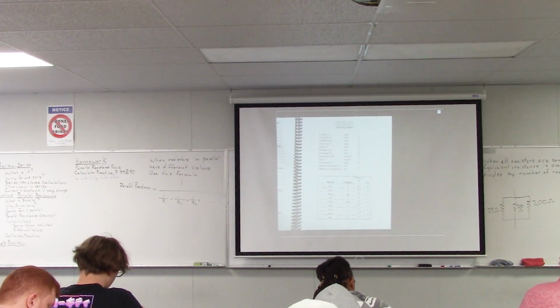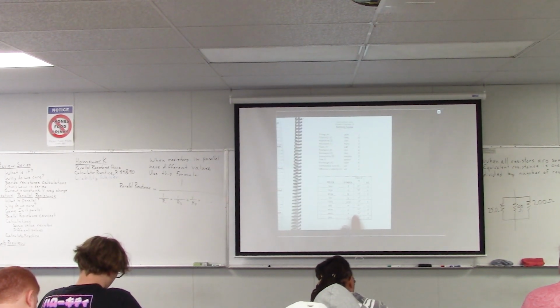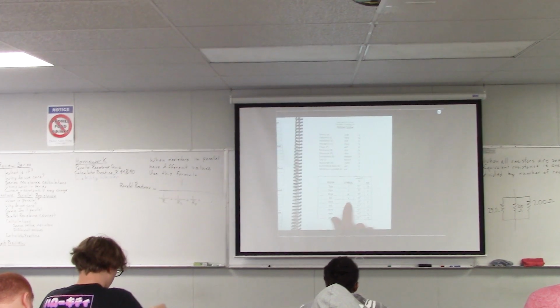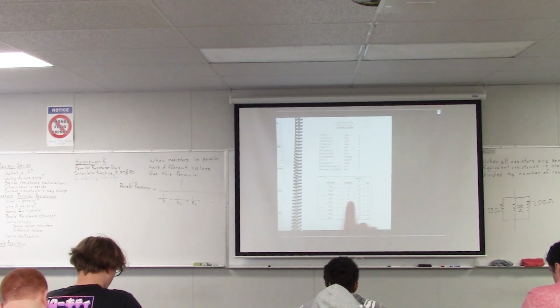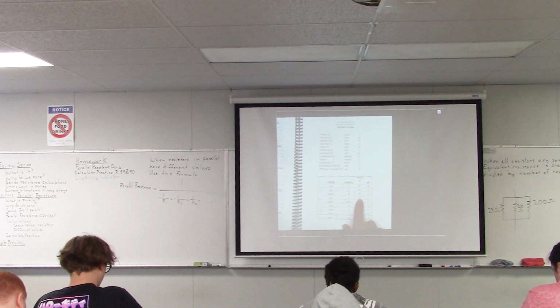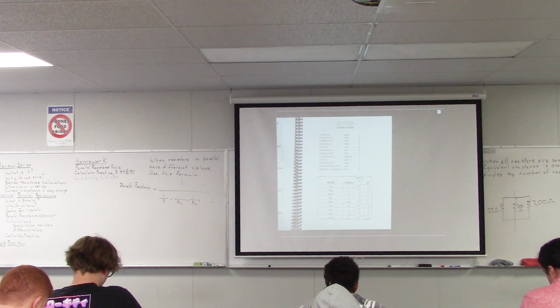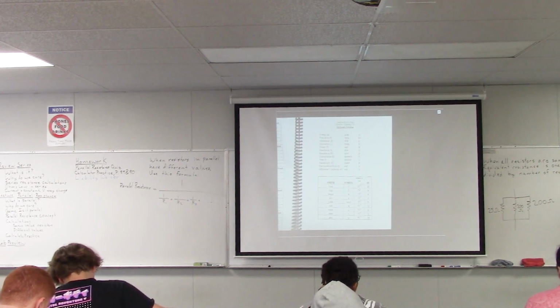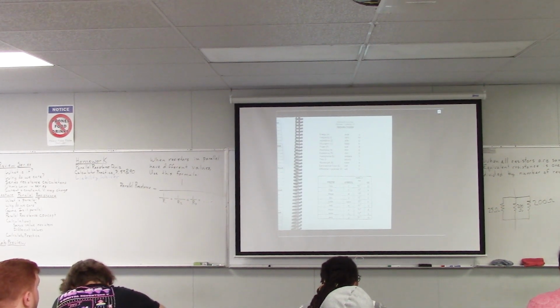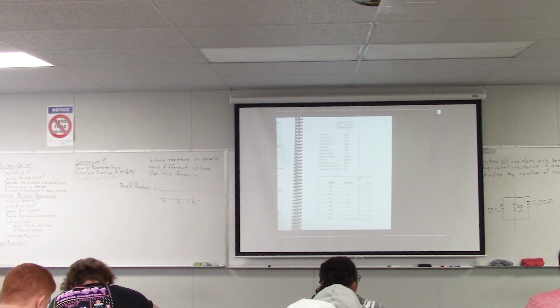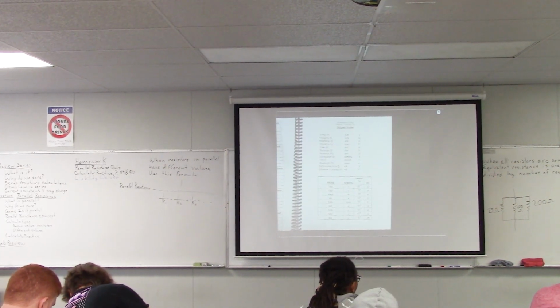So for instance, we have kilo here, and we see that that's 10 to the power of 3. So what that means is that we remember kilo means 1,000, right?